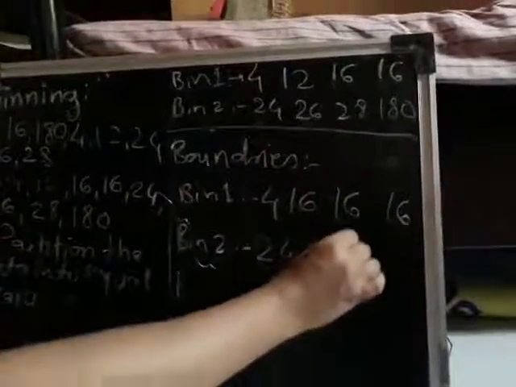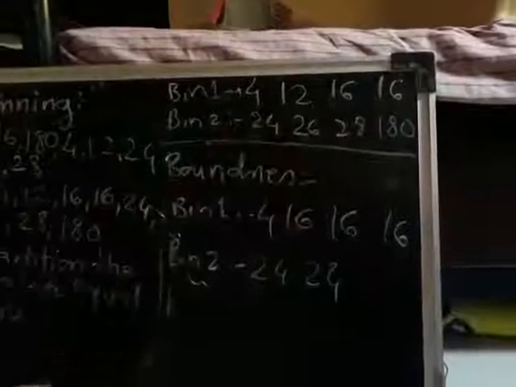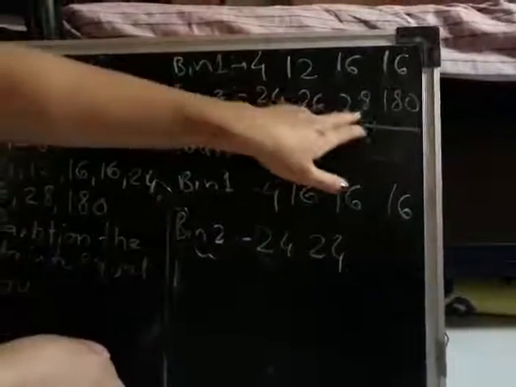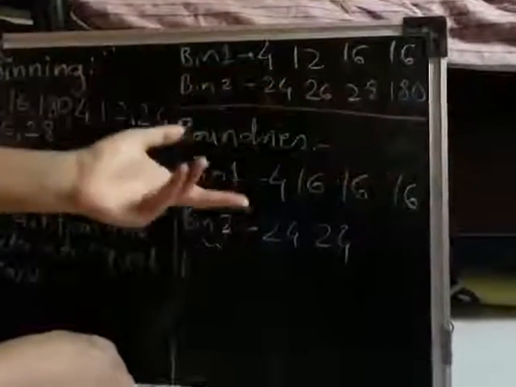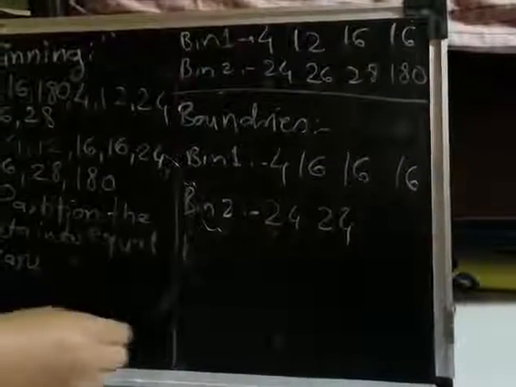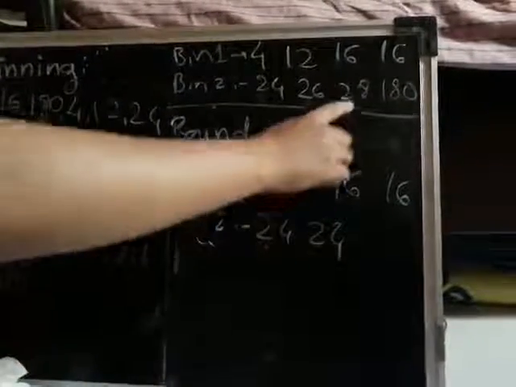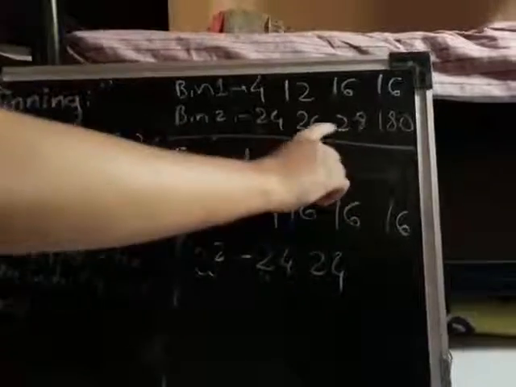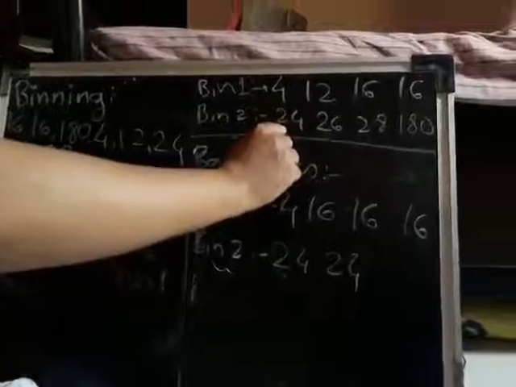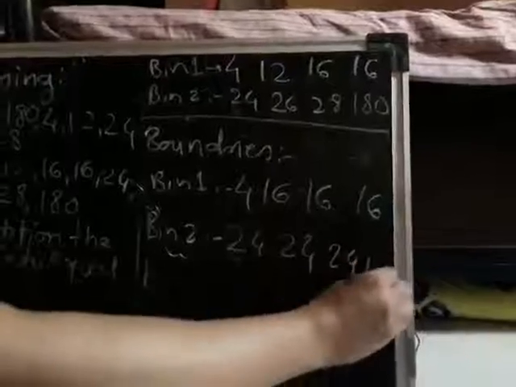Now see here, 28 and 24: the difference is 4, and the difference between 28 and 180 is more, that is 152. So the minimum difference is with 24. Replace this 28 with 24, and the maximum boundary stays as it is, 180.